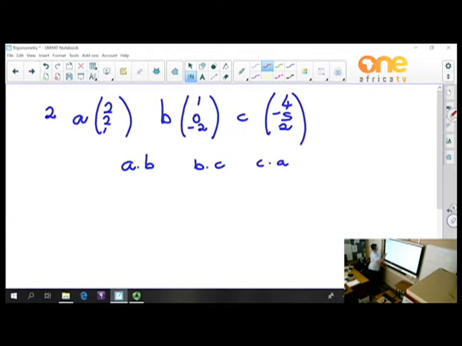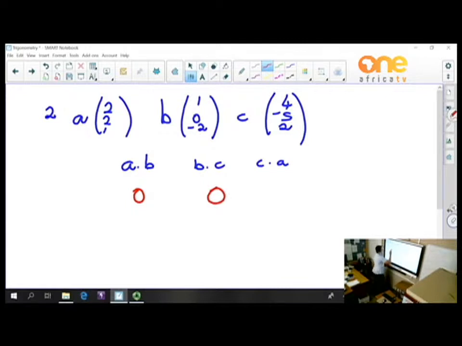So this will be 2 plus 0 plus negative 2, so this one is going to be 0. BC, 4, minus 5, and then plus 4. So 4, negative 4, so it's also 0.